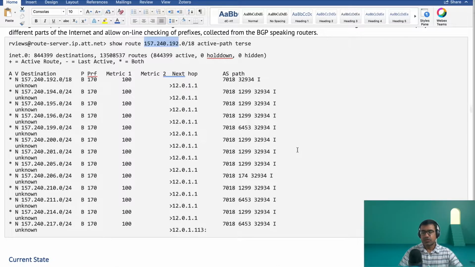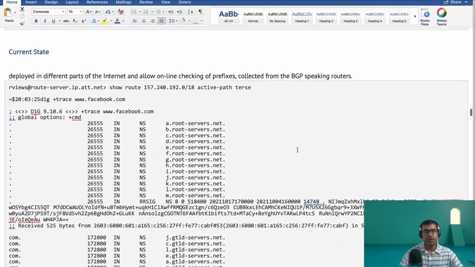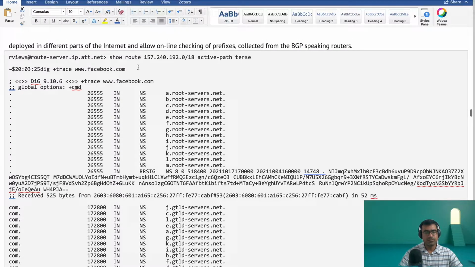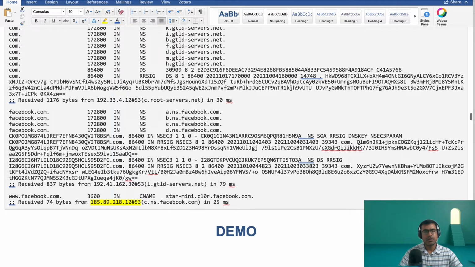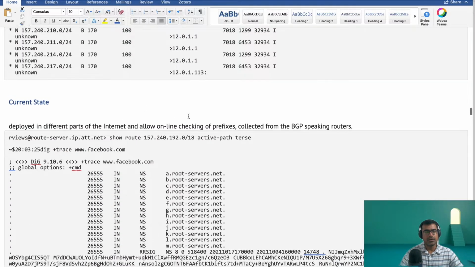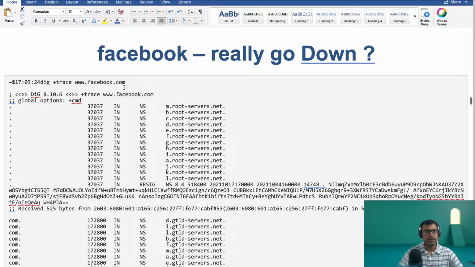So this was the state then, and now, at the final 8 a.m., I did another lookup. Let's do that lookup in real time right now and see what is being returned.